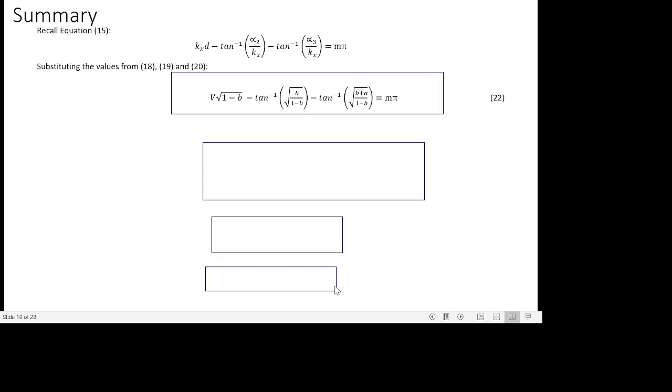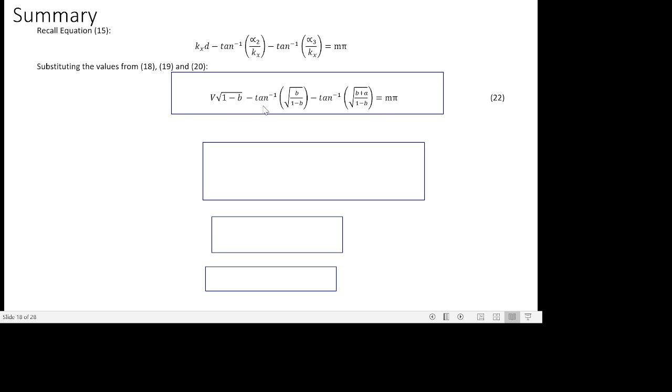So in summary, we start with the characteristic solution, equation 15, and if we substitute all these terms with alternative expressions, we got this one.